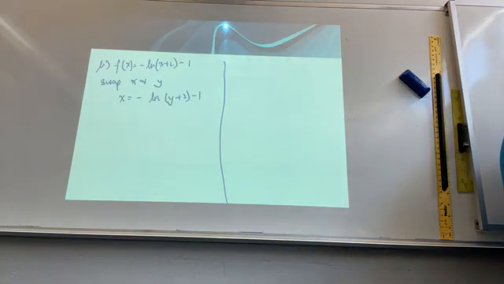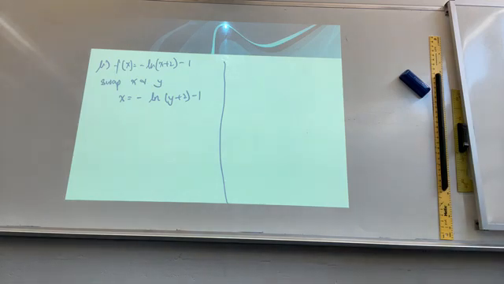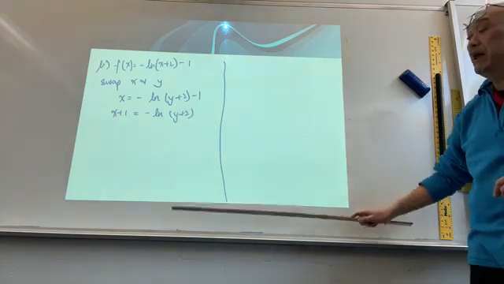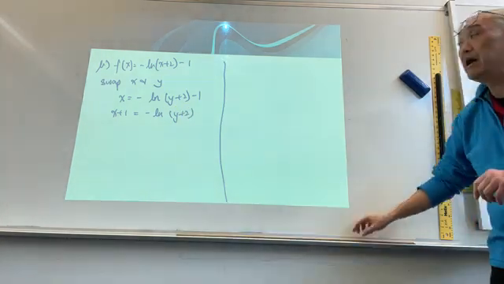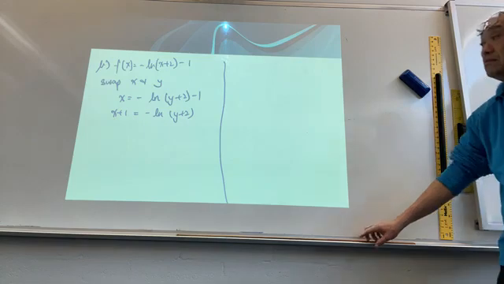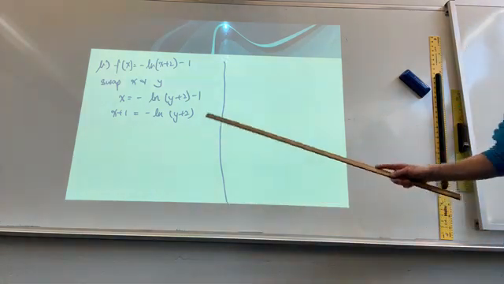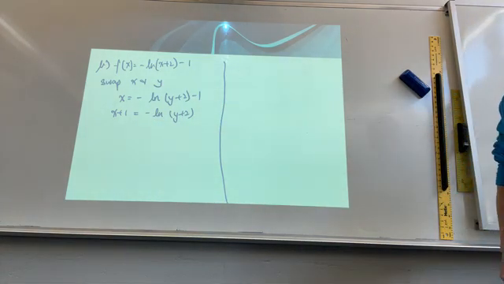Let's swap x and y. So x is therefore minus ln(y plus 2) minus 1. Once we swap it, you can work out x plus 1 equals minus ln(y plus 2).